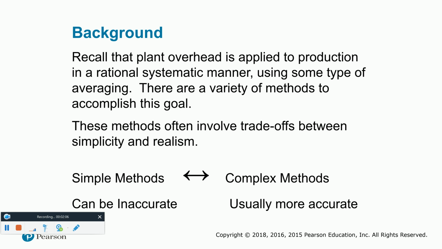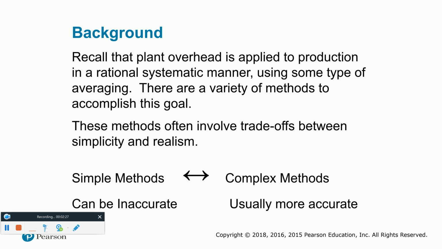Now in this chapter, the whole idea is to take that predetermined overhead rate and actually break out our indirect overhead expenses a little further, and come up with different allocation methods for the different expenses.